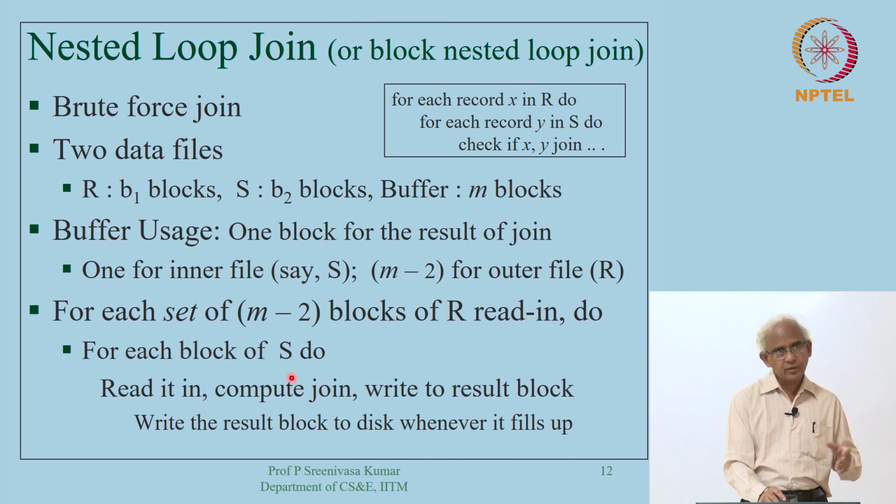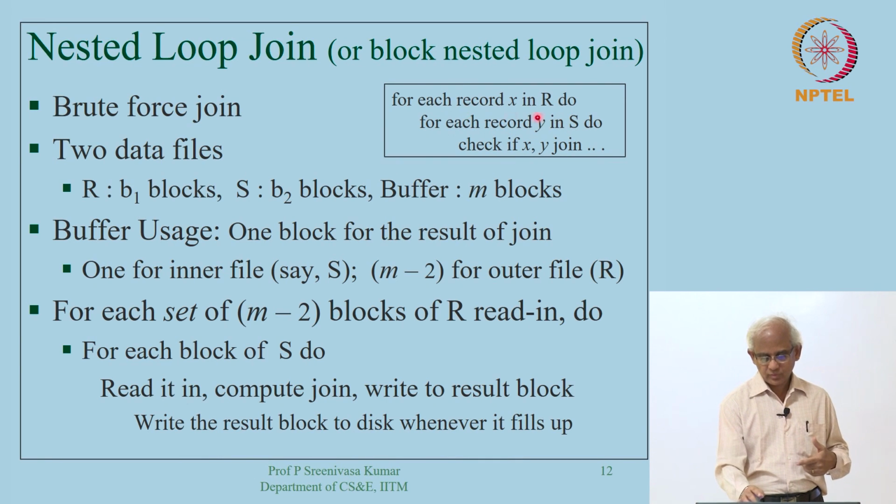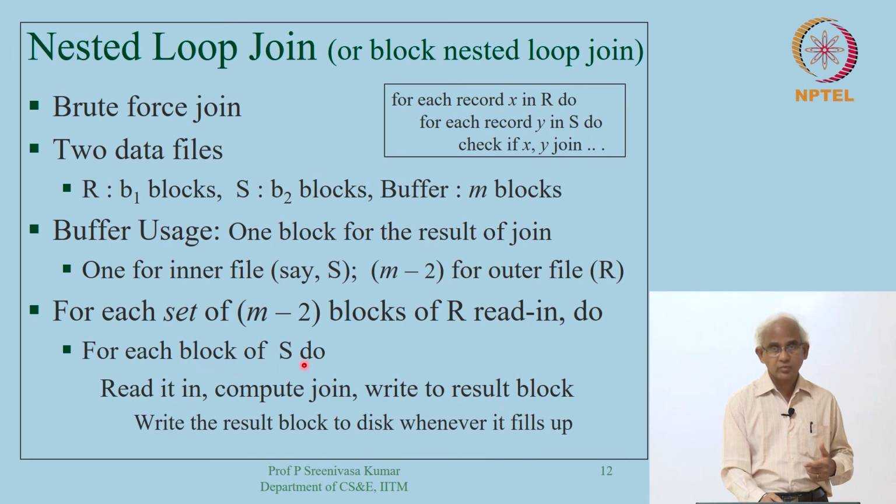Now keep reading the other file one block at a time, for each record in S. So we have to read the entire S, one block at a time, and once we read one block, we can do a computation to figure out which of those records of S will join with any of those records of R. So read it, compute the join, write the result block.